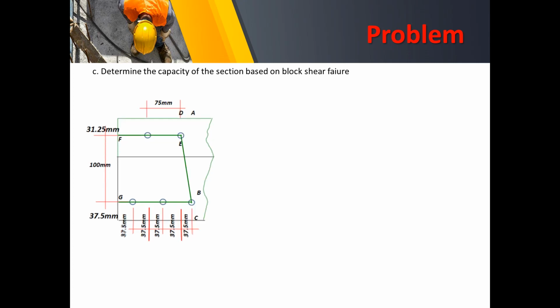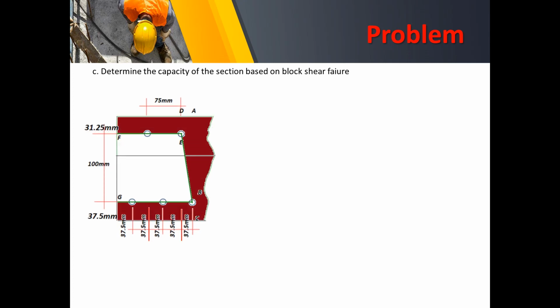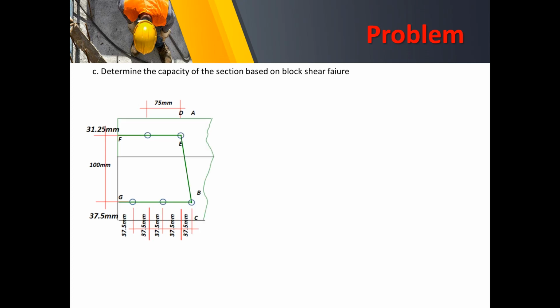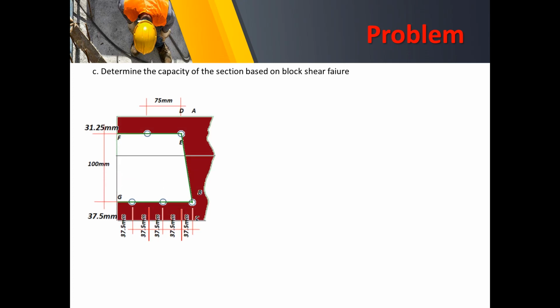So the shaded portion will be torn. So considering lines FE and BG, why lines FE and BG? Because lines FE and BG are parallel to the loading.